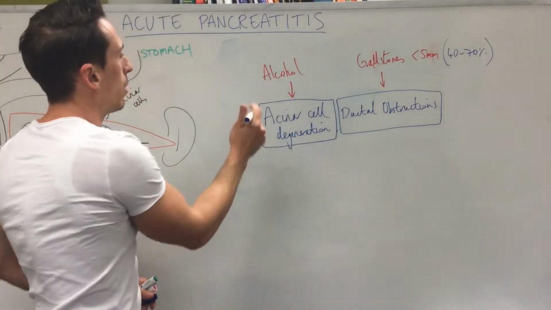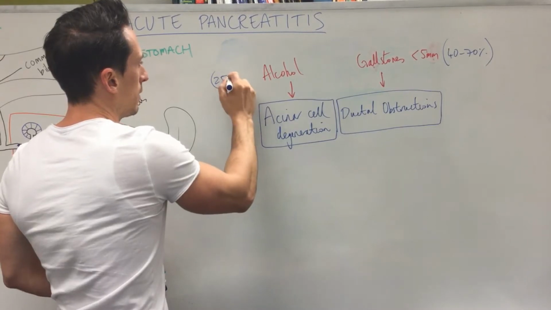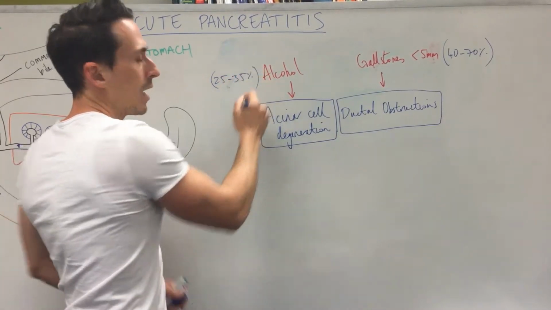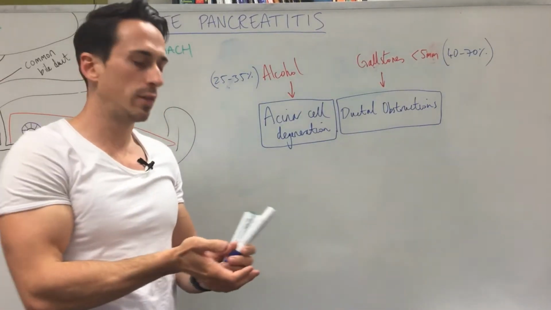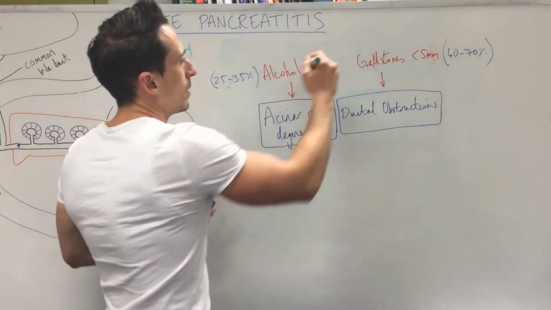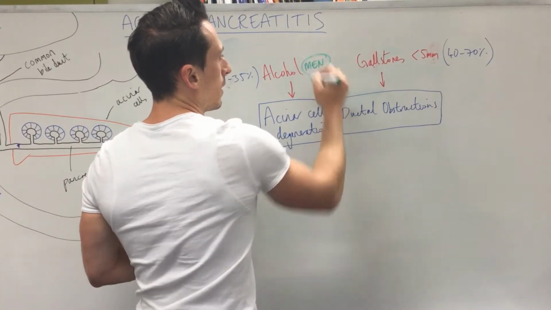When we look at alcohol, it's between 25 to 35% of cases are due to alcohol. But in actual fact, if you were to break it up into males and females, the most common cause for men, alcohol.